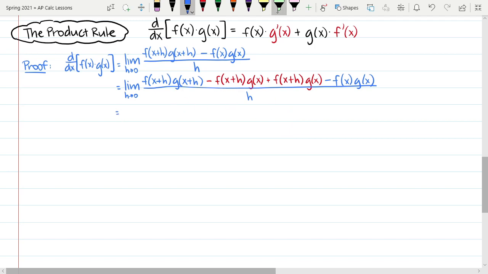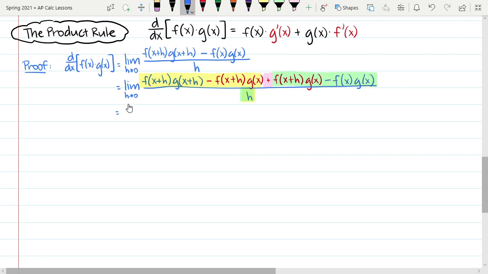So I'm going to group the first 2 terms over the denominator, and then I'm going to group the second 2 terms over the denominator. And because we are adding, I'm able to split this limit into 2 separate limits being added. Again, that's one of our limit properties from the previous unit.